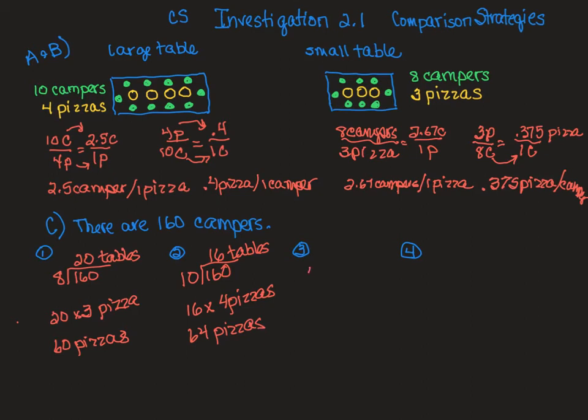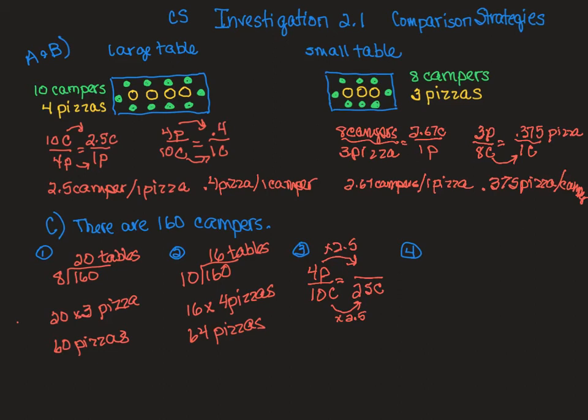So if I need 4 pizzas for 10 campers, how many pizzas would I need if I have 25 campers? So I'm scaling that up. I'm going from 10 to 25, which means I have to multiply by 2.5. And if I multiply the bottom by 2.5, I'm going to have to multiply the top by 2.5.